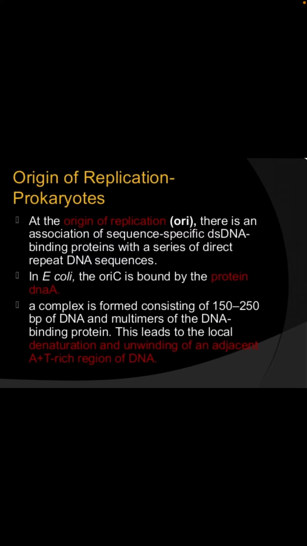In E. coli, the OriC is bound by the protein DnaA. So OriC is that origin of replication where the primase is going to be bound, but for the primase to bind with the OriC, we need a protein called DnaA protein. So a complex is formed consisting of 150 to 250 base pairs of DNA and multimers of DNA binding proteins. This leads to the local denaturation and unwinding of the adjacent AT rich region of the DNA.